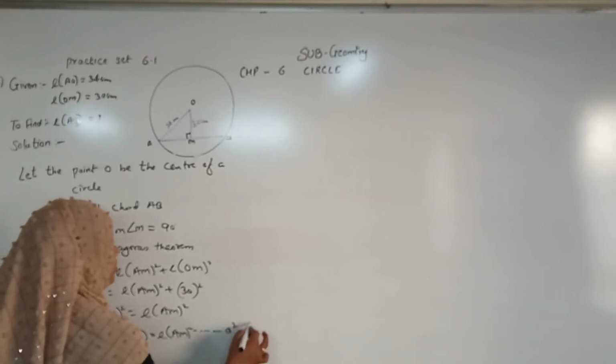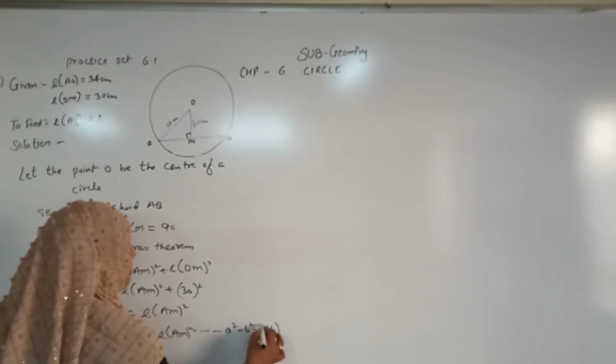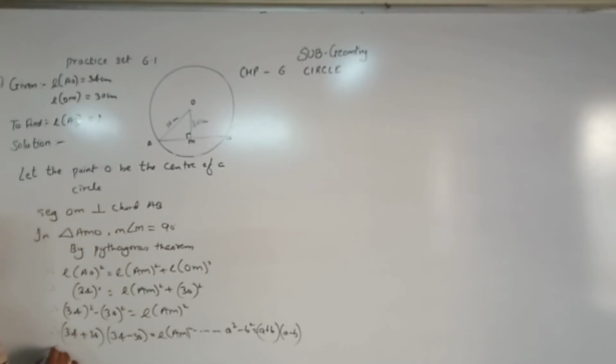So write the reason: a square minus b square is (a plus b)(a minus b). So I will go (34 plus 30) into (34 minus 30) equals length of AM square. 34 है आपका लेंथ और ये 30 है.